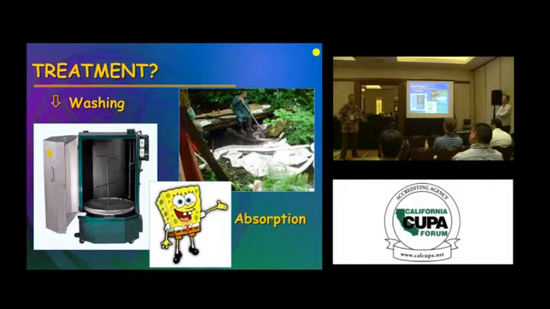You're putting parts in there to get the gunk off. So even though washing is a physical process, in some cases a chemical process, what you're washing is part of the process. You're not washing a waste. That's called decontamination. But we'll get to that later too.